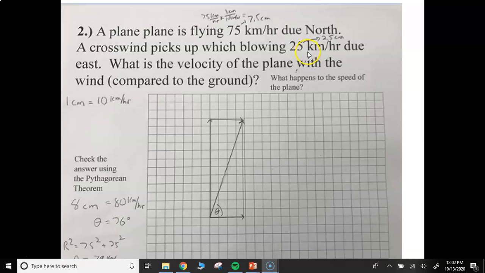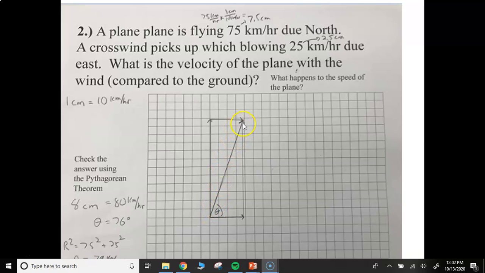And then I'll divide by my scale here and get 2.5 centimeters. Draw it out, 7.5 centimeters north, 2.5 centimeters east. Okay, draw that same 7.5 centimeter north up here, and draw that same over here. Okay, and then draw the resultant.